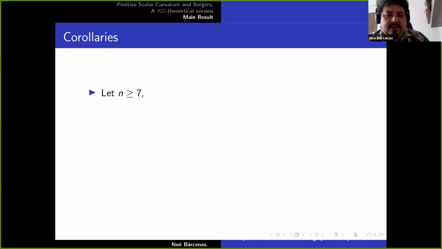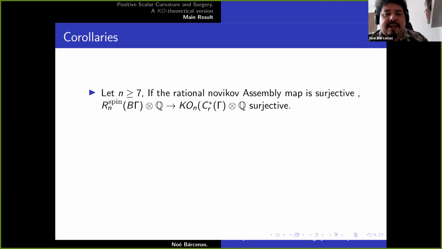And now you see the consequences. If I have high dimension, at least 7, then if I assume that the rational Novikov assembly map is surjective, then this assembly map is surjective over there.